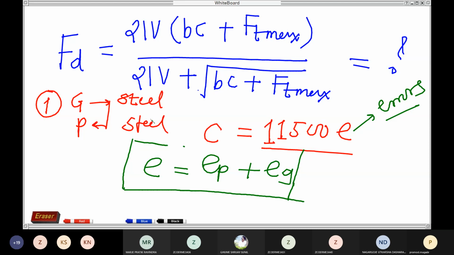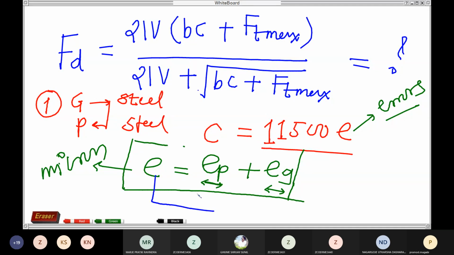There will be chances of error in terms of the height or addendum point of view, or in the tooth thickness. So error will occur, and that error is always in microns. It is not visible, rather this kind of error is always in microns. So the total error, I can calculate whatever the error in the tooth with respect to pinion as well as gear. By adding these, I get the total error, and after calculating the error, I will have to put this E value here in the C equation, the deformation factor.